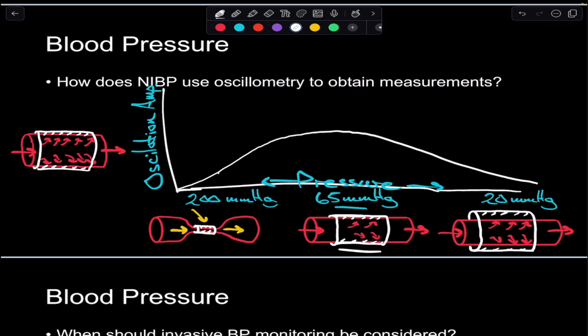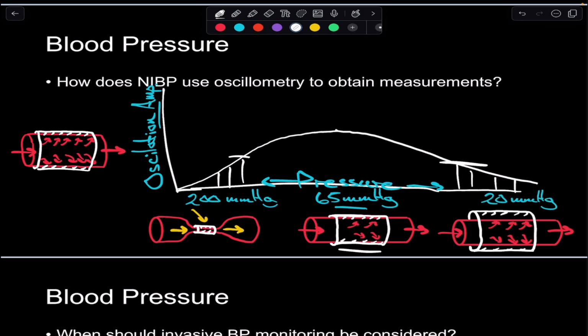In this diagram, you have a small amount of oscillations detected on this side, and also a minimal amount on this side.